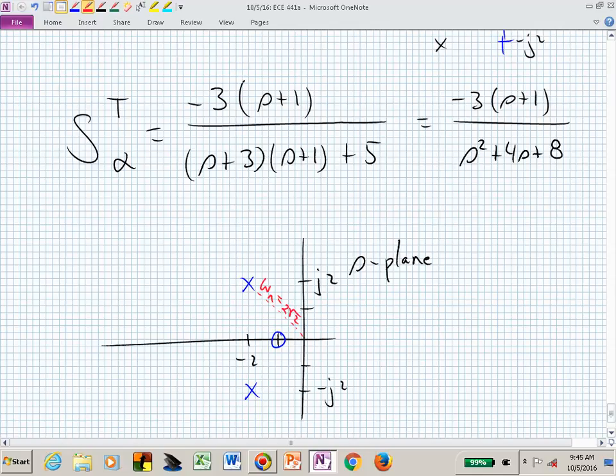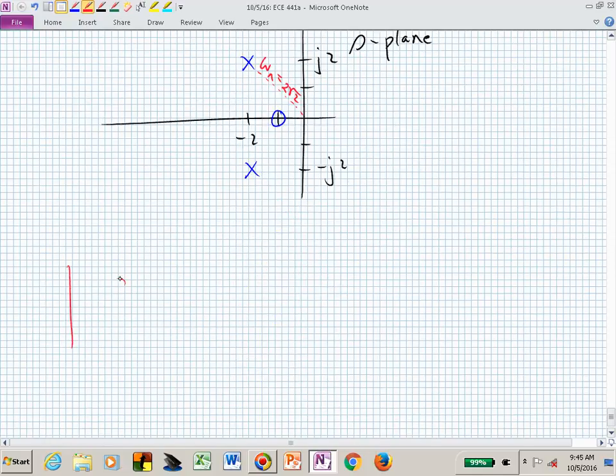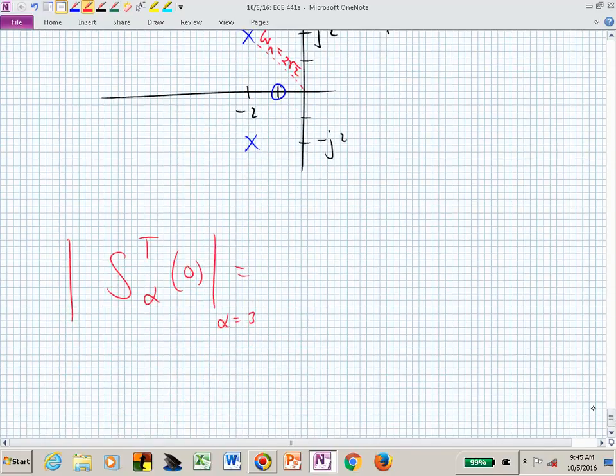If I look at the magnitude of S of T of alpha at 0, when alpha is equal to 3 and K was equal to 5, I have minus 3 times 0 plus 1 over 0 squared plus 4 times 0 plus 8, or that's 3/8.